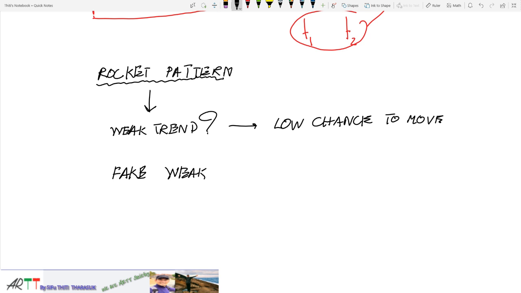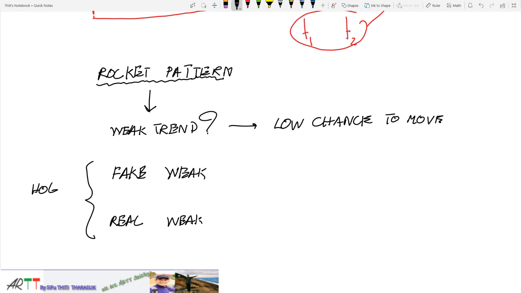In ARTT, now we apply H of gangster, we apply HOG to identify fake or real weak trend.